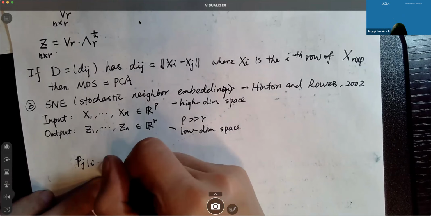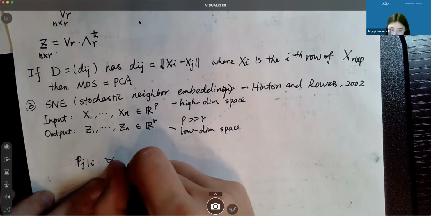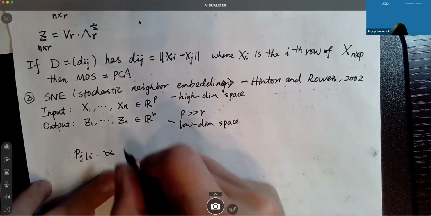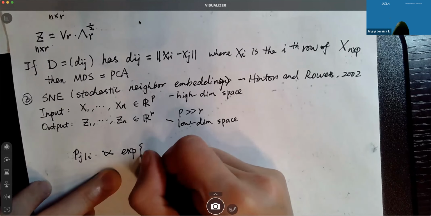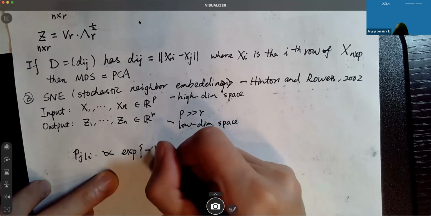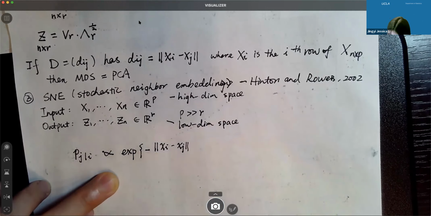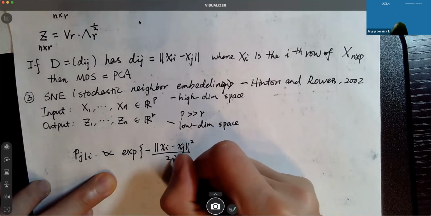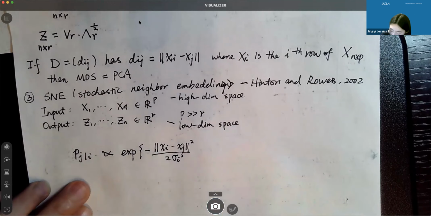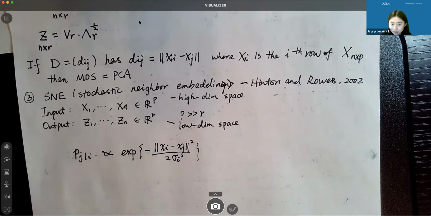So if you assume a normal distribution, we can say it's proportional, let me start from the idea first, to the exponential function of the distance, xi minus xj. I calculate this distance, square it, divide by 2 sigma i squared, because I need a variance for this distribution. So basically for each xi as the center, it has its own variance for the distance density.